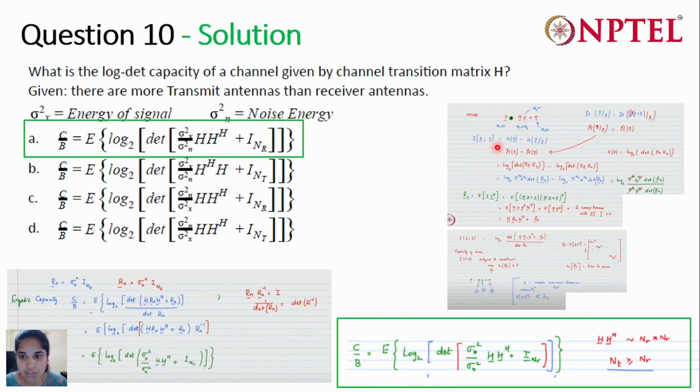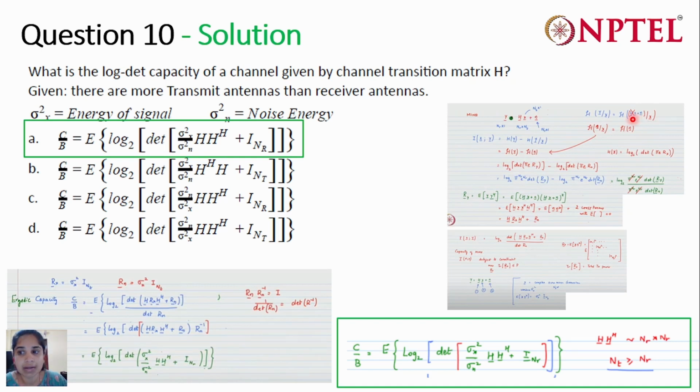So mutual information is entropy at the output minus entropy of y given x. Entropy is a measure of uncertainty. So if we want to find h of y given x, instead of y we can write Hx plus n given x. So now you have two terms, Hx given x plus n given x.